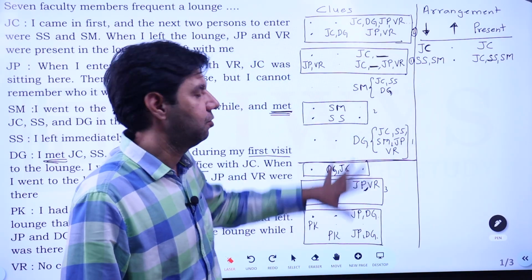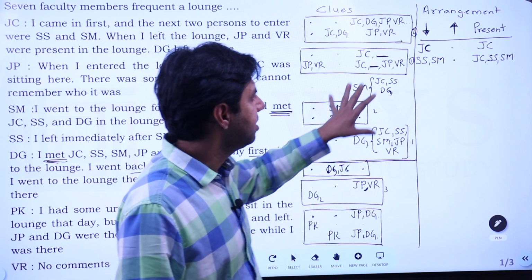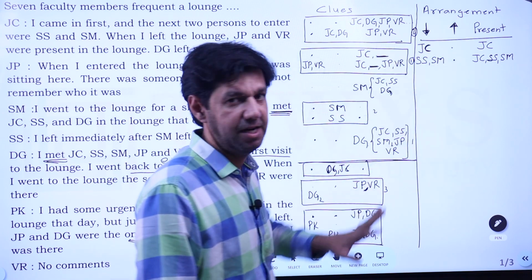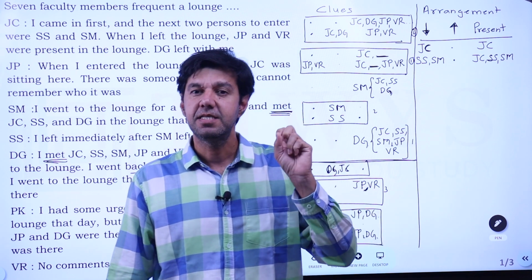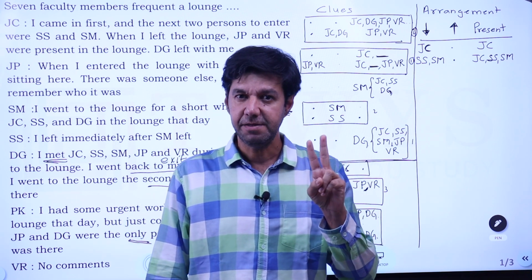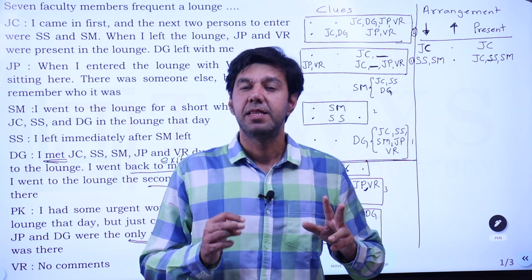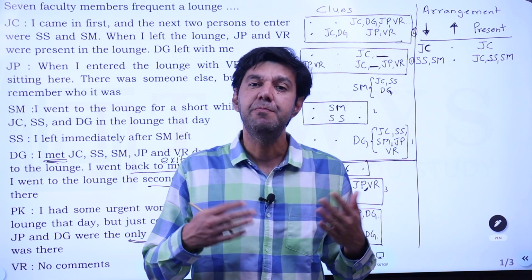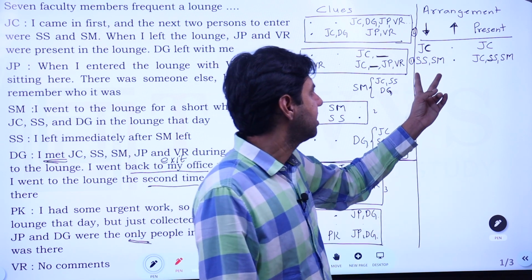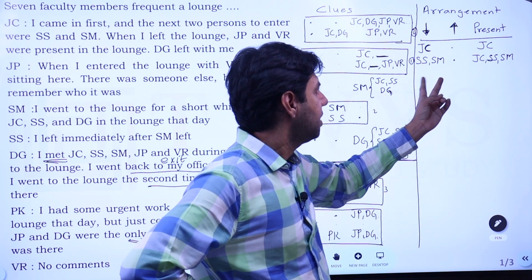Once I have these clues, I'm going to pick these clues and try to put it into the final arrangement. I had earlier said that there is a second difficulty in such sets. I'll talk about it now. That difficulty is there can be many possibilities. So for example, what happens after this?